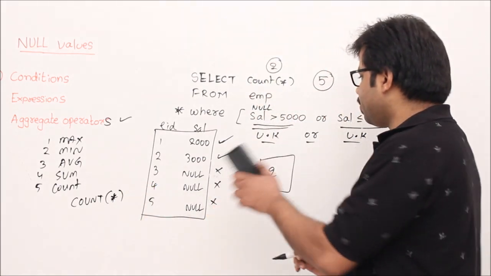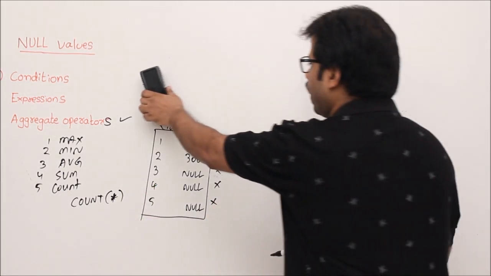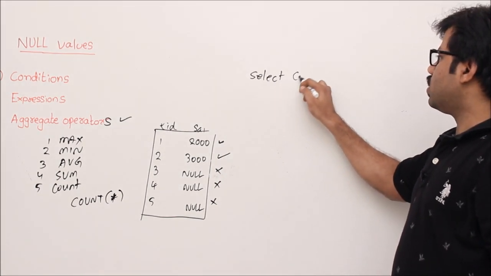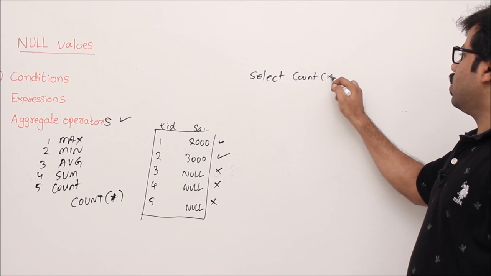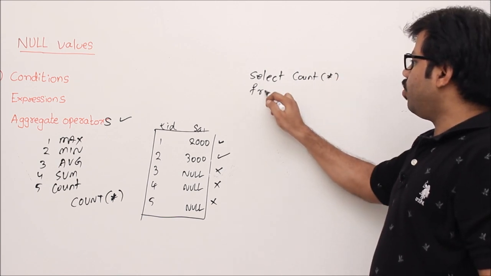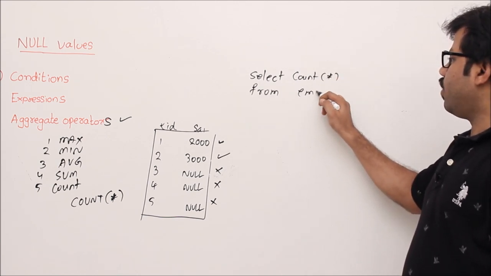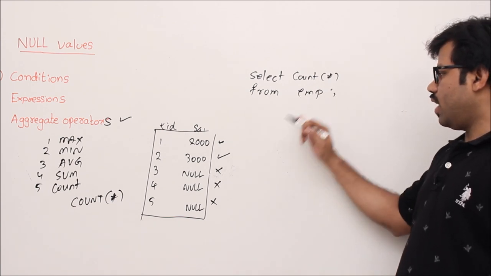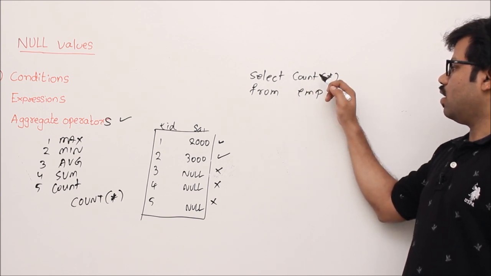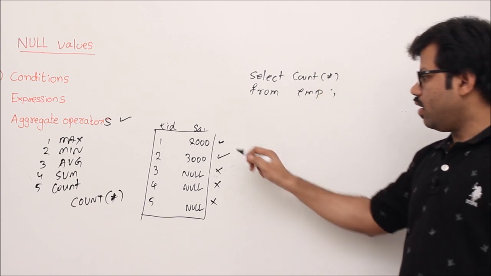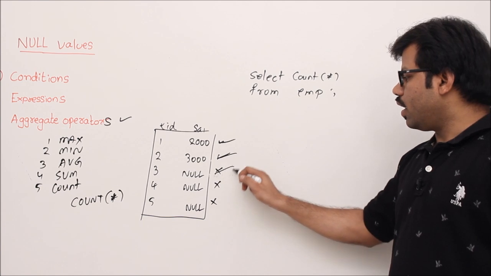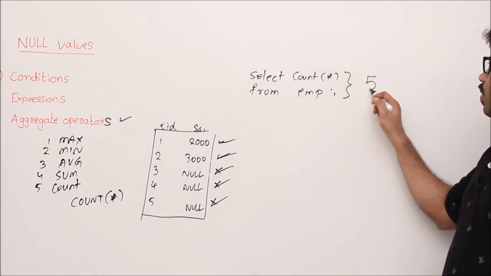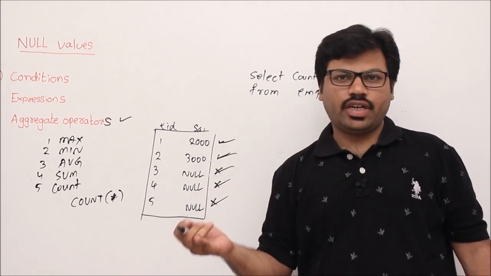Example. Let's take the same problem and write a query like this: select count(*) from the employee table. There is no where condition, right? Count(*) counts all the tuples, 1, 2, 3, 4, 5, so it gives output 5, because null values also are counted.